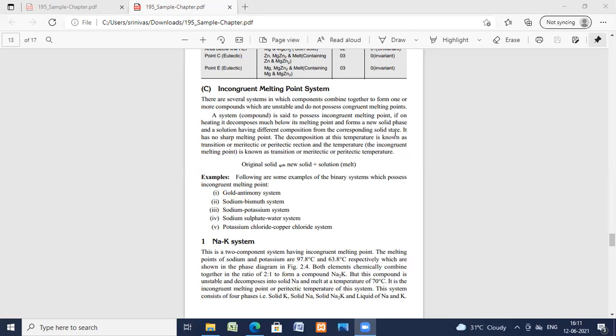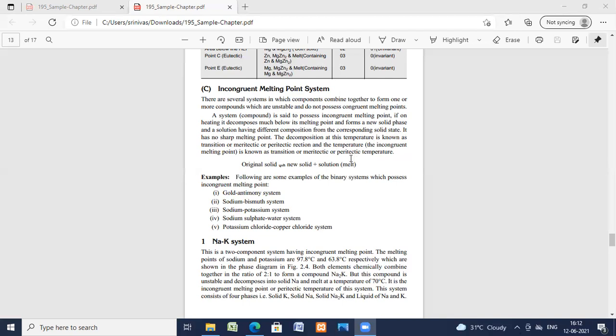It has no sharp melting point. The decomposition temperature is known as the transition or meritectic or peritectic reaction, and the incongruent melting point is known as the transition or meritectic or peritectic temperature.